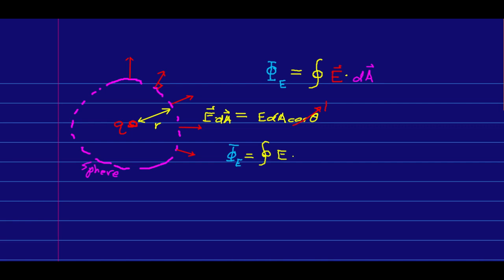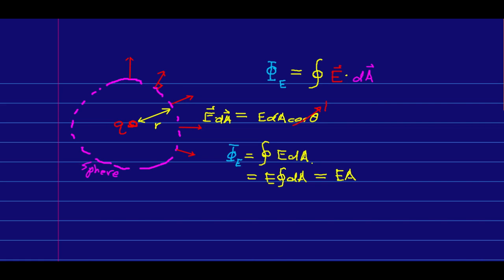We just get E dA. E is the same magnitude everywhere on this sphere. And so this E here is a constant, and since it's a constant, I can pull it out of the integral. And this integral is now just summing up all the little area elements on the sphere, which means all it is is the area of the sphere.